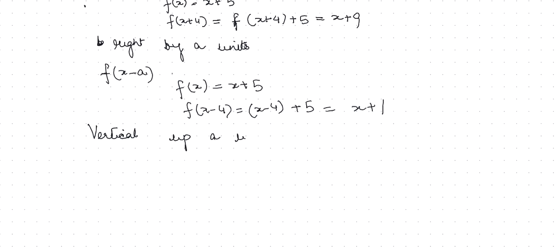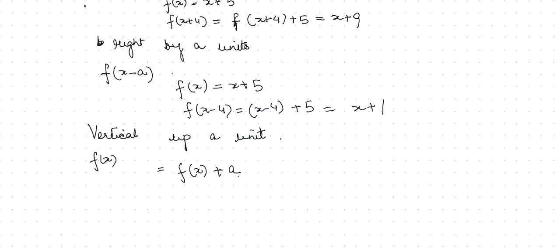If a function f(x) moves vertically up by a units, then we do f(x) + a. In the left and right transformations, we added and subtracted a to x. Here we are adding a to the whole function.